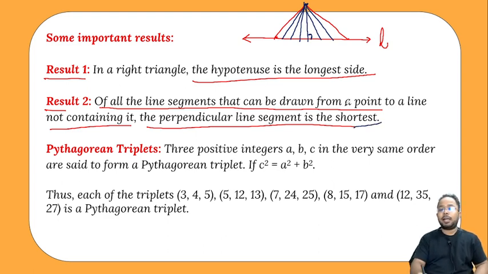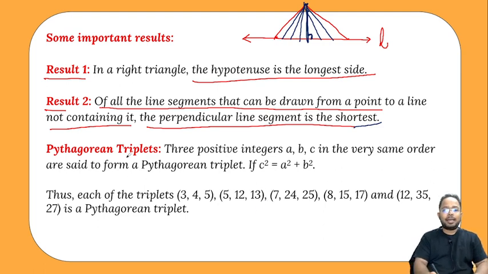Of all the line segments that can be drawn from a point to a line not containing it, the perpendicular line segment is going to be the shortest. This line is the shortest one. Others will be longer than that.